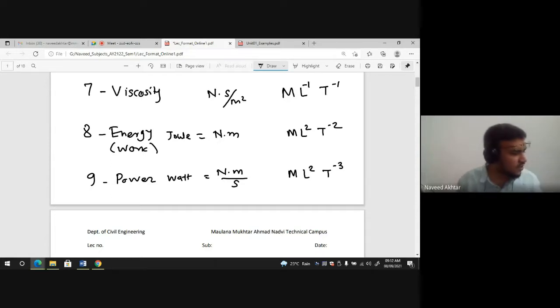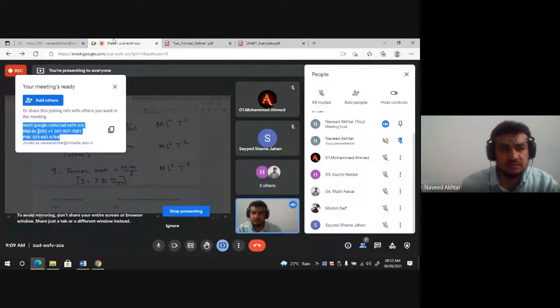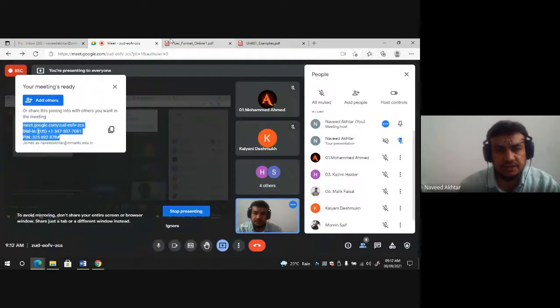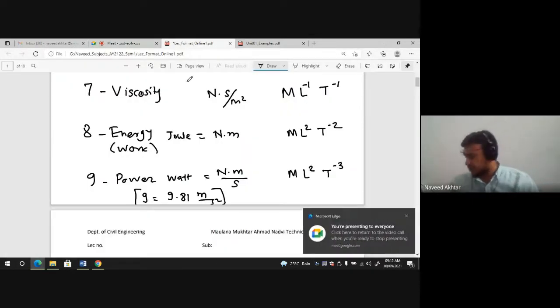And you know that the gravitational acceleration for the Earth we generally consider as 9.81 meter per second square. So these are some basic units, and now we will solve the example.